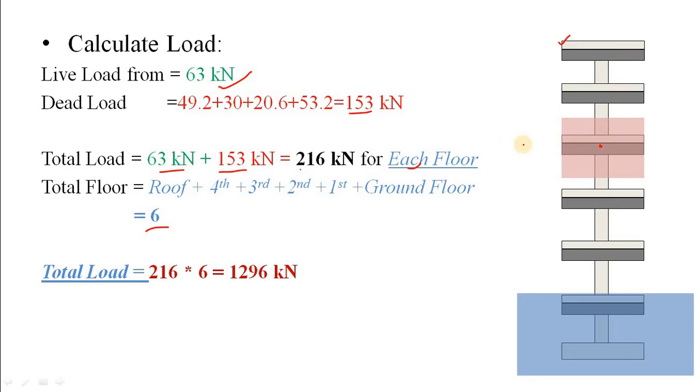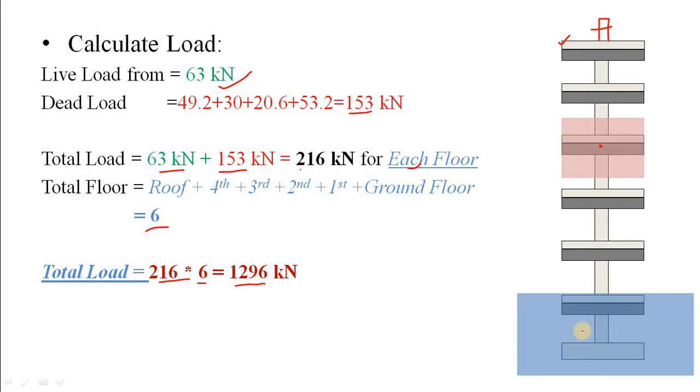You may ask that for the roof floor we may take half of the load because at the top there is no column. You may take that, but during hand calculation you may ignore this type of detailing. So what is the total load? It is 216 kN per floor, and we have 6 floors, so total 1296 kN.